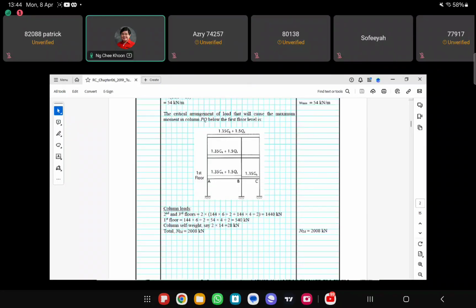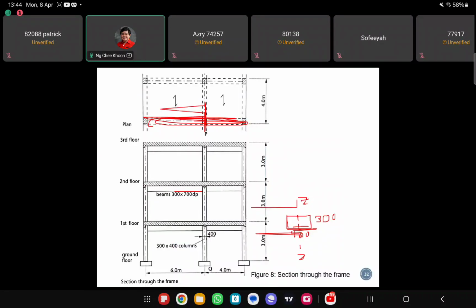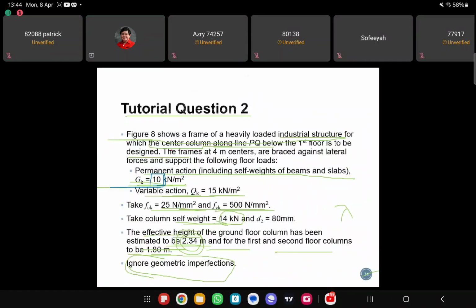Or is it mentioned in the question already? It's not mentioned anywhere whether the column is short.